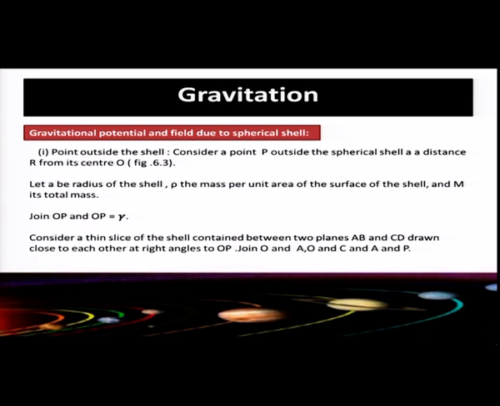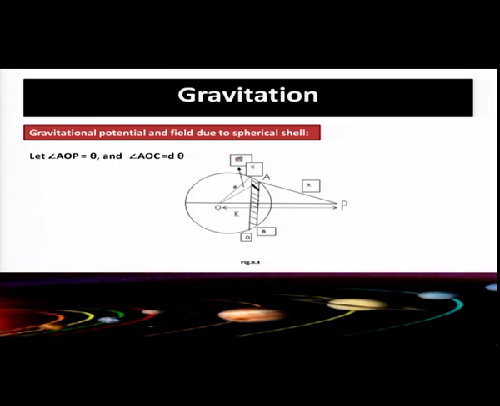In the diagram, join OP, which is equal to r, and consider a thin slice of the shell contained between two planes AB and CD drawn close to each other at right angles to OP. Join O and A, O and C, A and P as shown in the diagram.